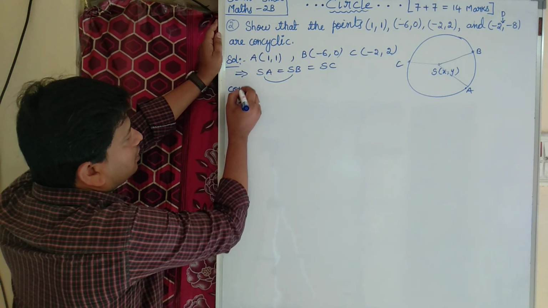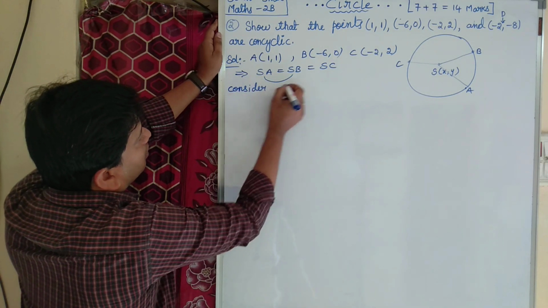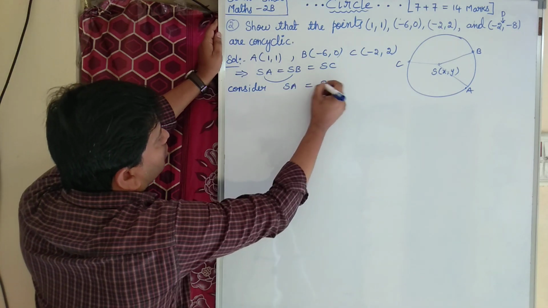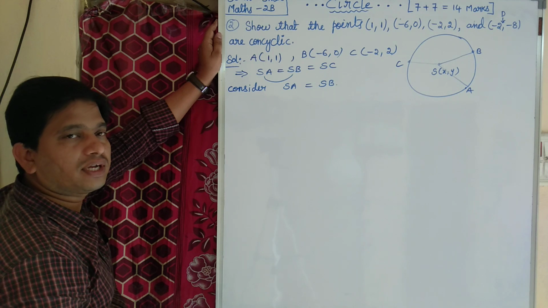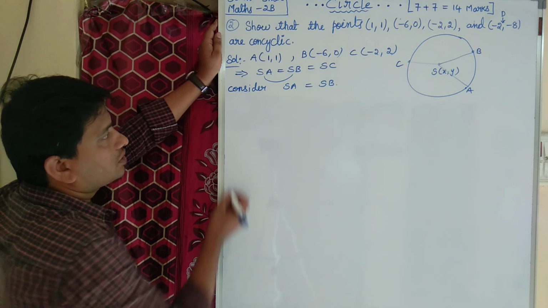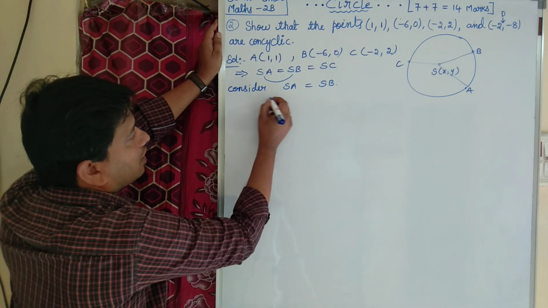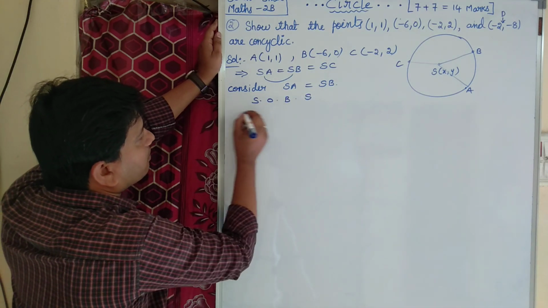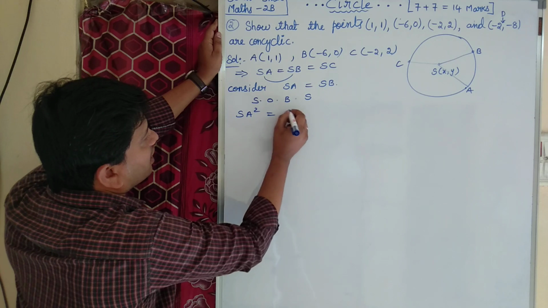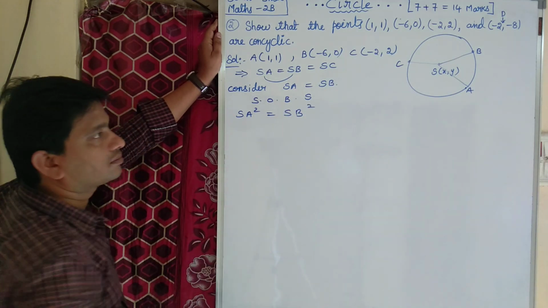Consider SA equal to SB. So we know the distance between 2 points formula is root over. If you want, you can do it like this, squaring on both sides. It will become SA square equal to SB square.